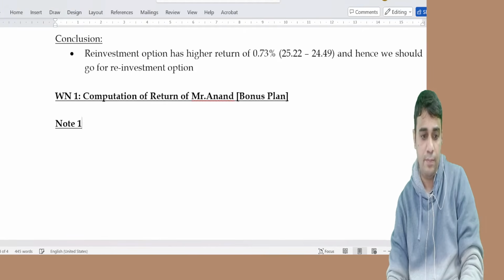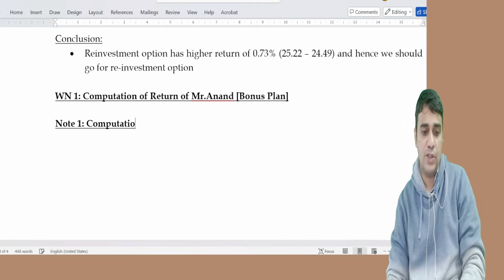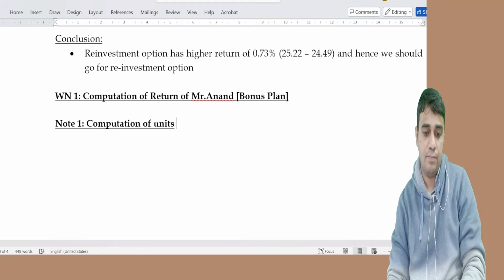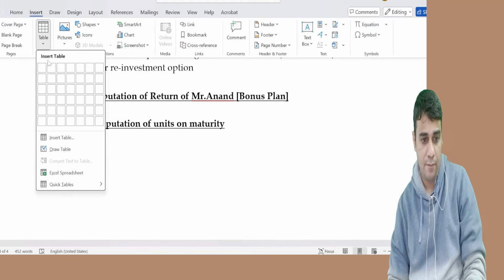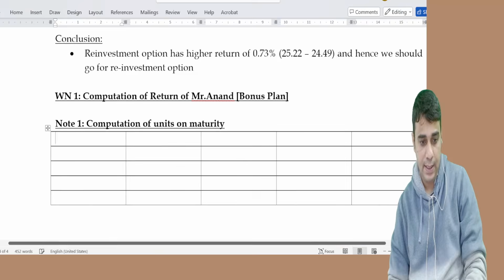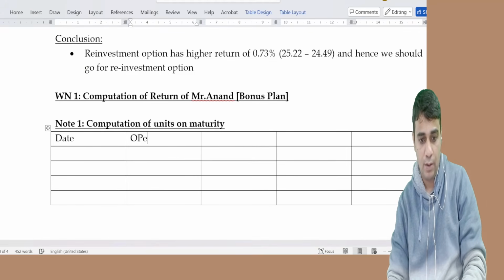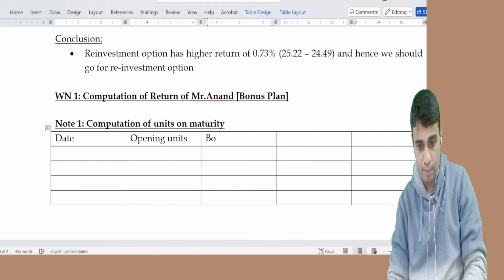Note 1. Computation of units on maturity. Five columns: date, opening units, bonus ratio, bonus units, closing units.